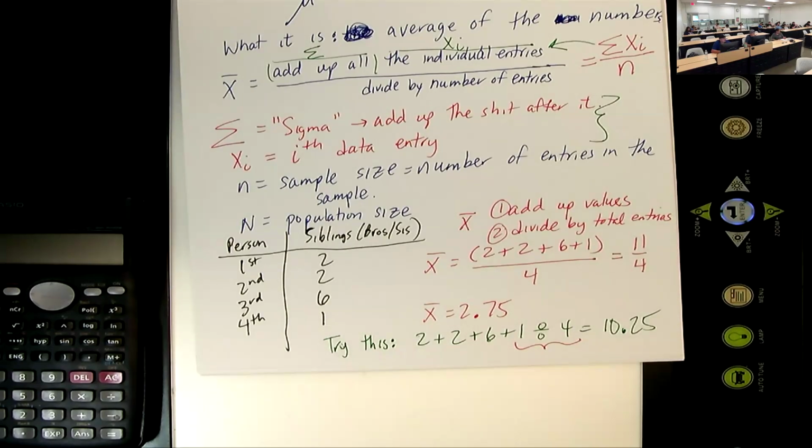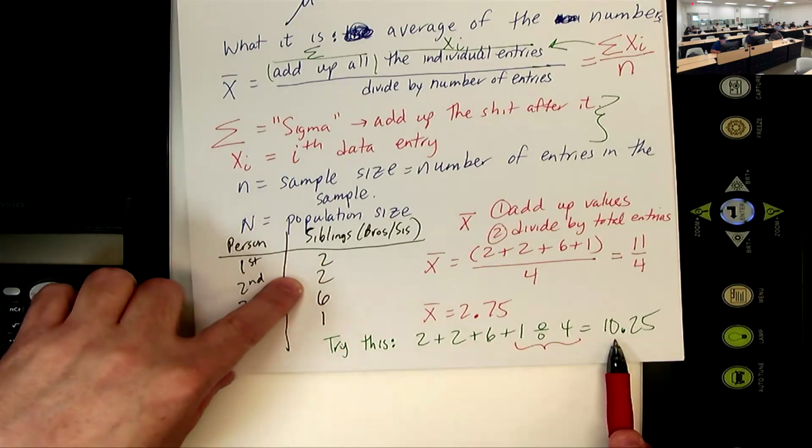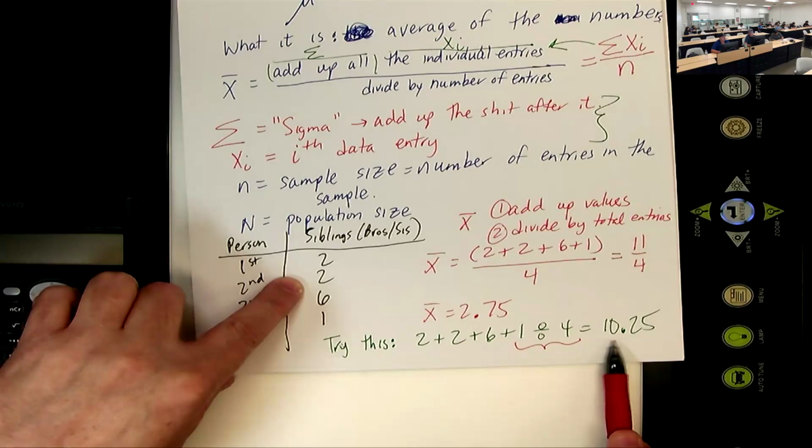You really want to add them up first, hit equals, find the total, and then divide by the total number of entries. But I want you to see that you get the wrong answer. You can mess it up, and a good way to tell is that this is the mean, or the average. 10.25 is bigger than every single entry on this list, so how could it possibly be the average?